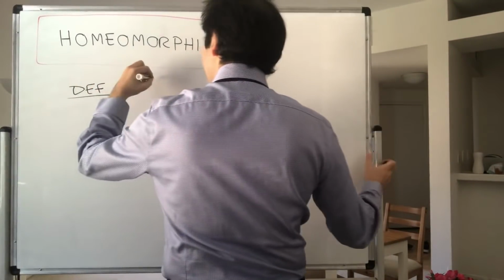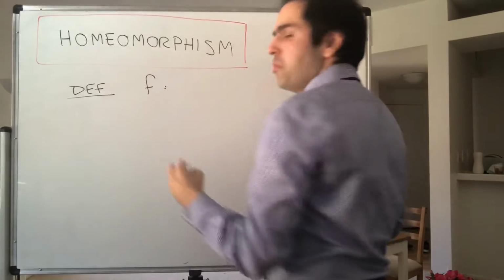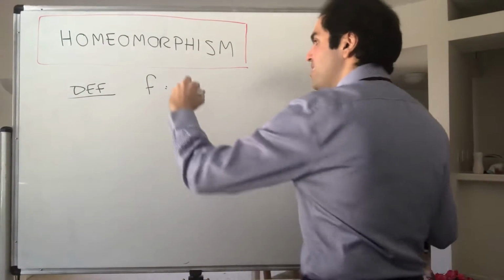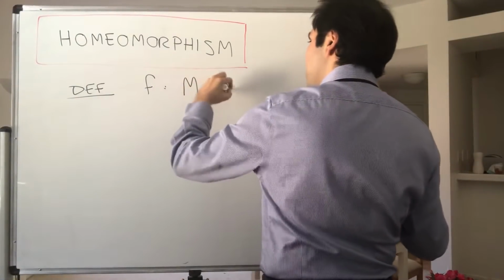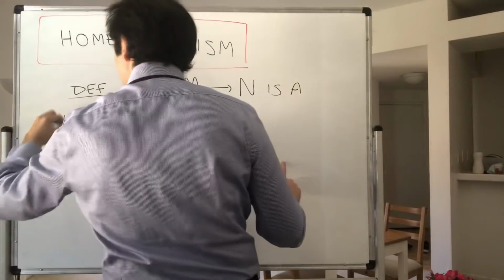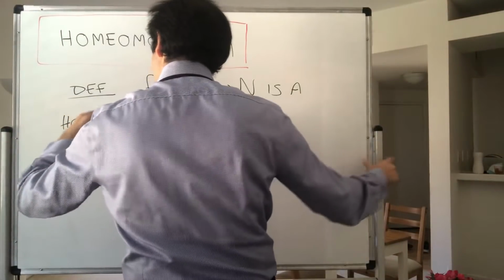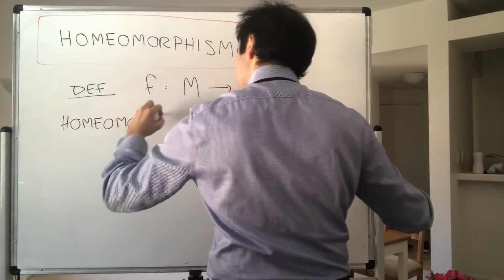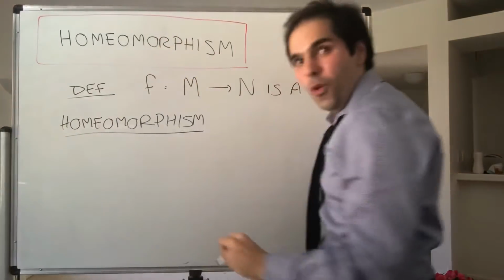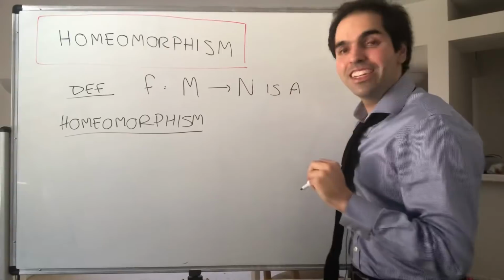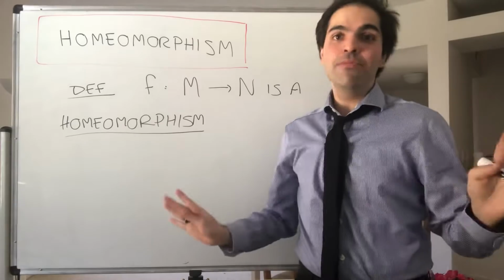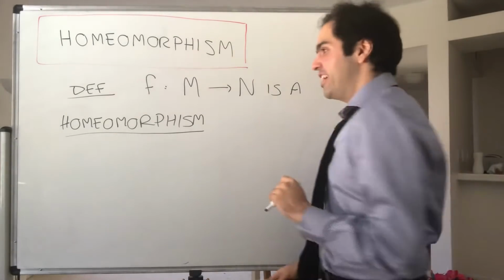Definition: we see a function f from, again, either a topological space or a metric space is also fine, from M to N is a homeomorphism. So careful, not the same as homomorphism, that's something different in abstract algebra, and not the same as anamorph, that's also something very different.